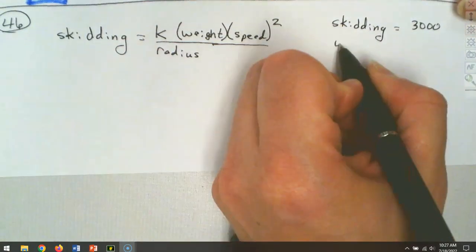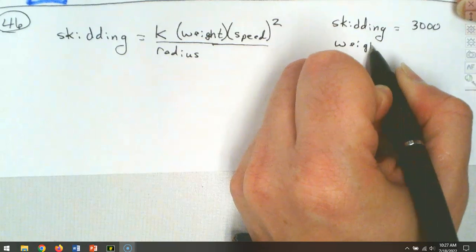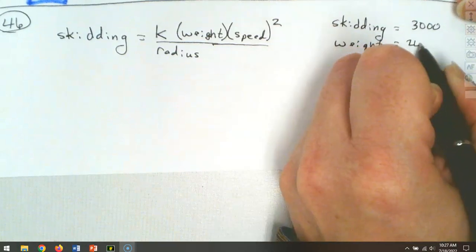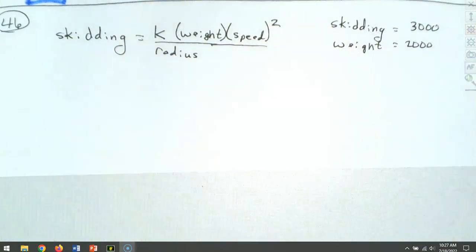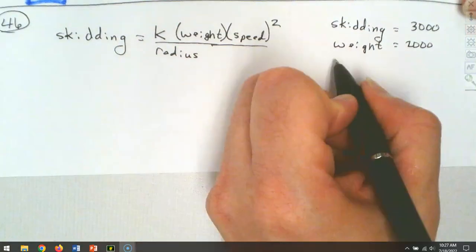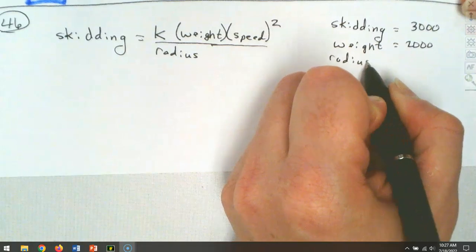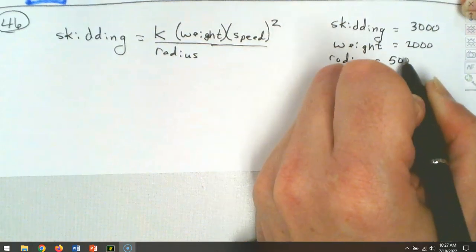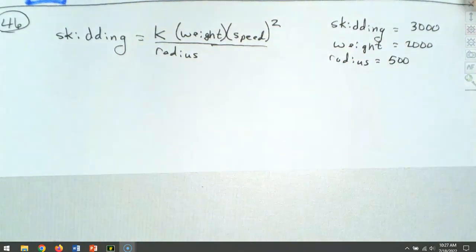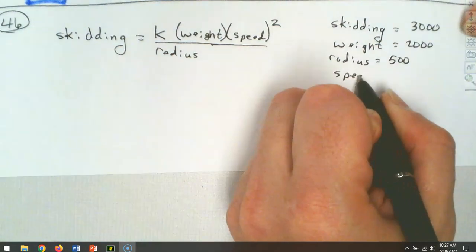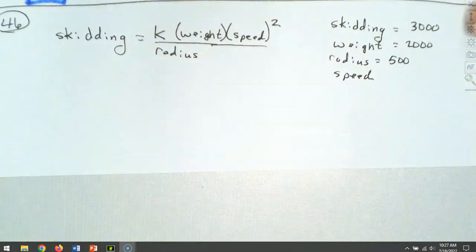So the weight of that car is going to be your 2,000. Radius is 500. And your speed of this car is 30.